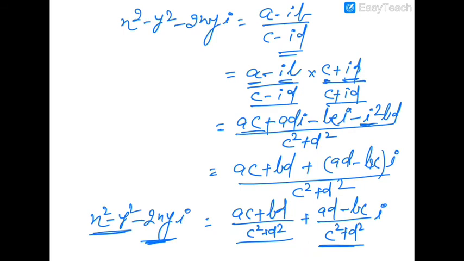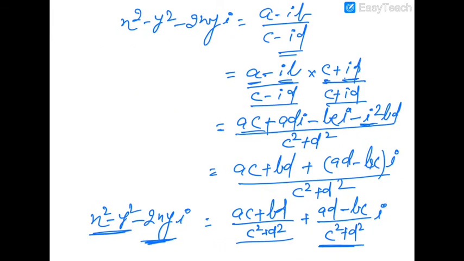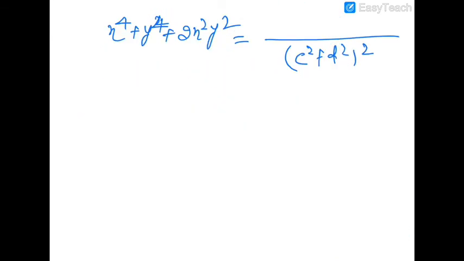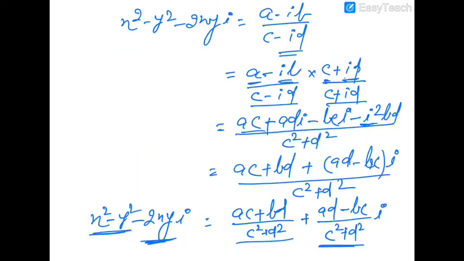Now after that, whole square of AC + BD is what? That is A²C² + B²D² + 2ACBD. Fine. And after that we'll write plus the whole square of AD minus BC.